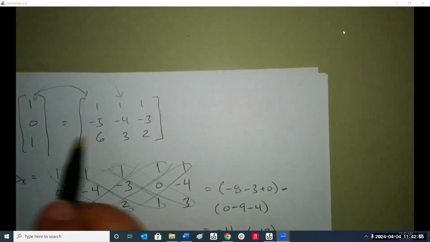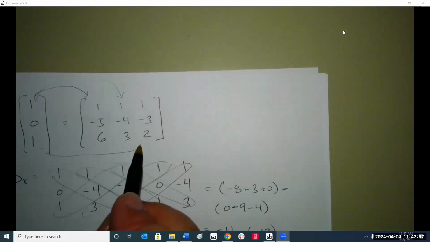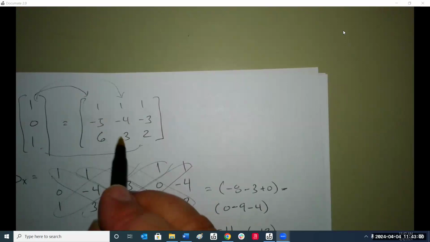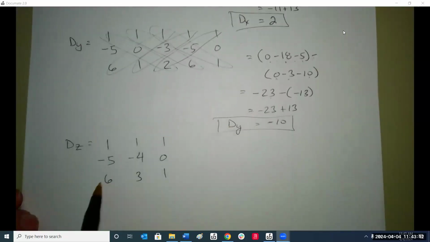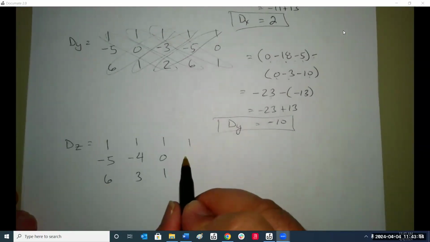So for dz, I take the answer, put it in the third column. So I leave the first two alone. I got 1, -5 and 6, 1, -4 and 3, and then 1, 0, 1. Copy the first two columns over.